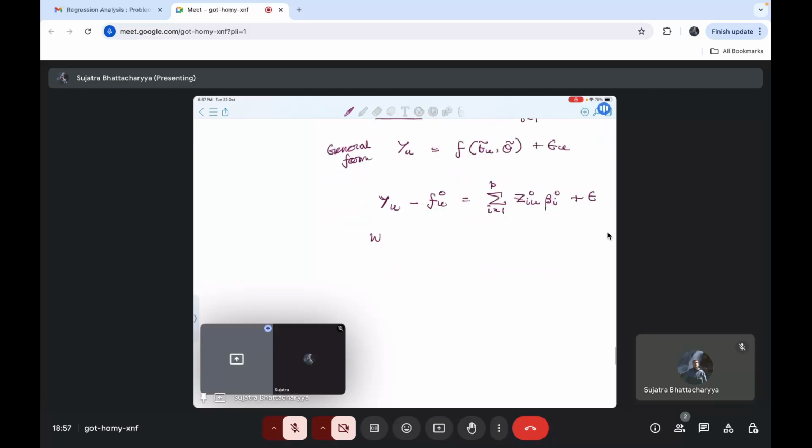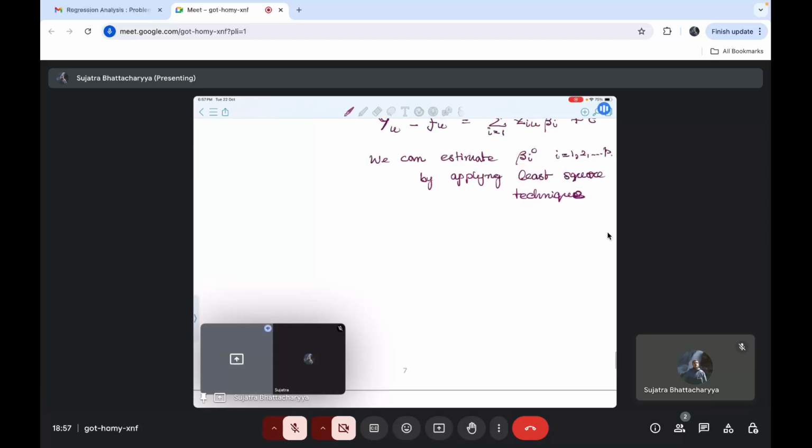So we can therefore estimate beta i 0, with i going from 1 up to p, by applying the least squares technique. Essentially, the nonlinear form is being linearized through the Taylor series expansion. That's all.